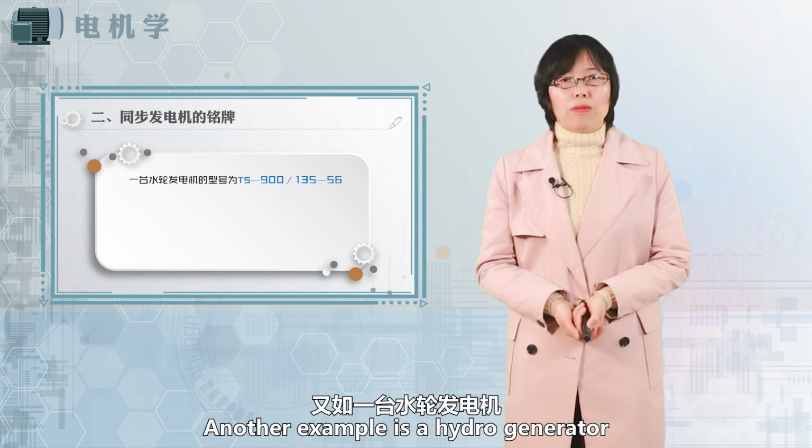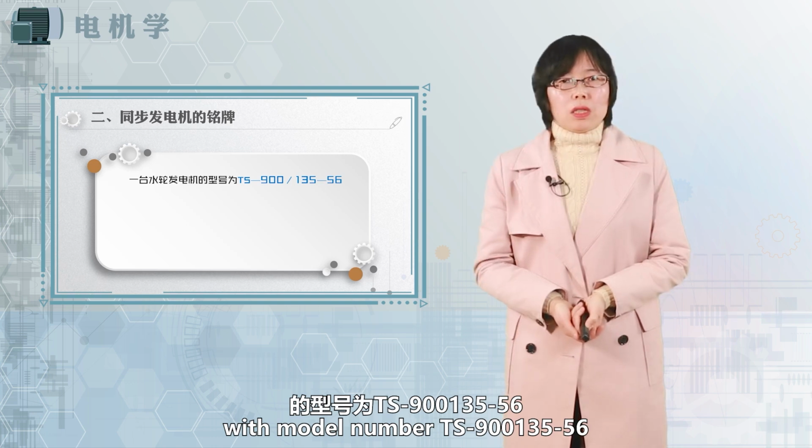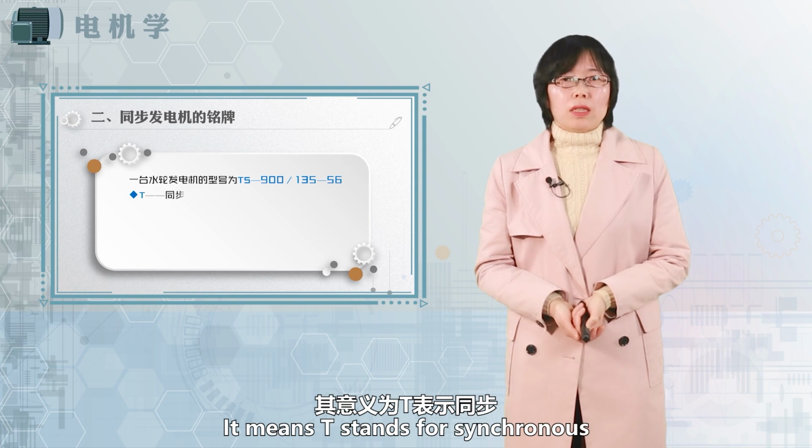Another example is a hydro generator with model number TS900-135-56.